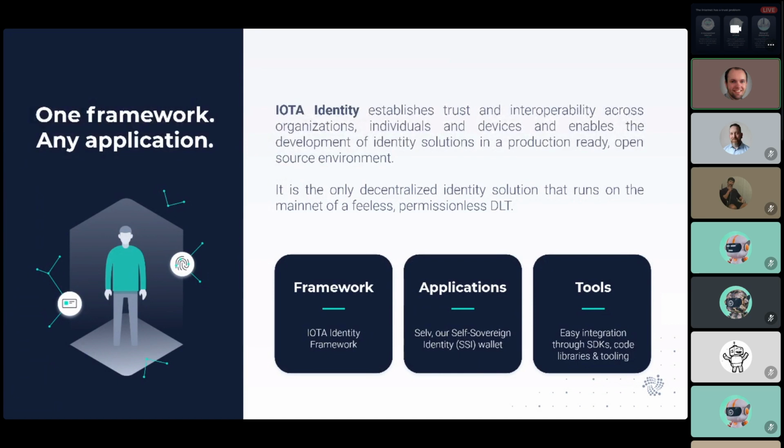Of course, with IOTA being feeless and still public and permissionless, it means that you don't have to worry about having to get IOTA tokens. I would actually encourage that if you build anything on IOTA in this hackathon, use the mainnet immediately, because it is free to do so, and you don't have to migrate from one network to the other.